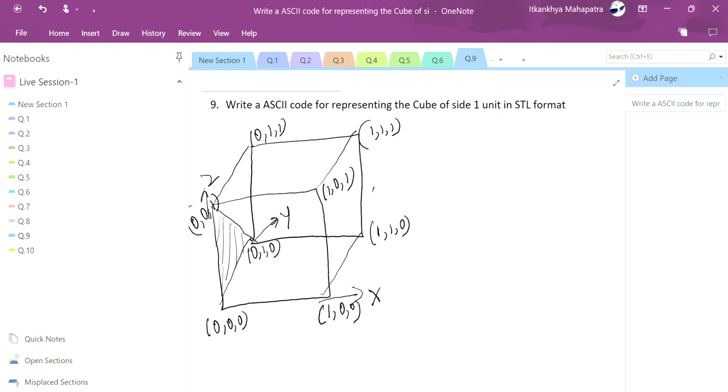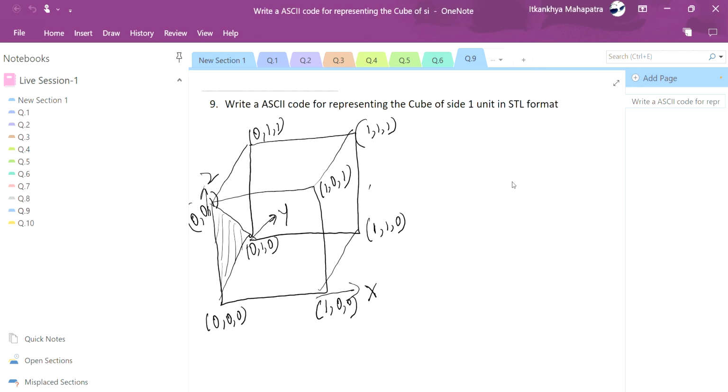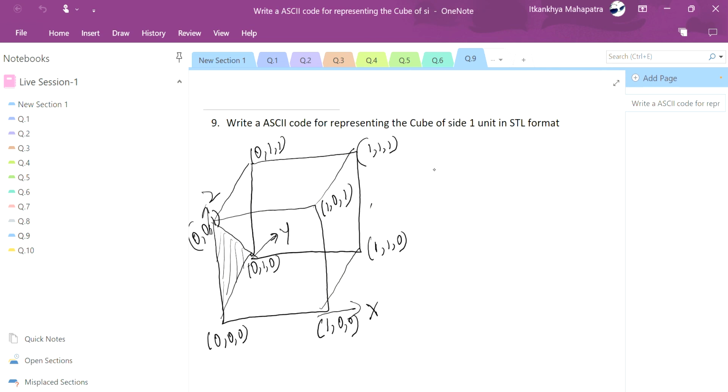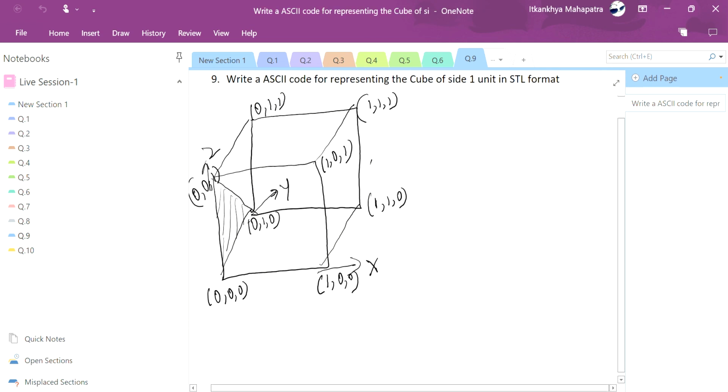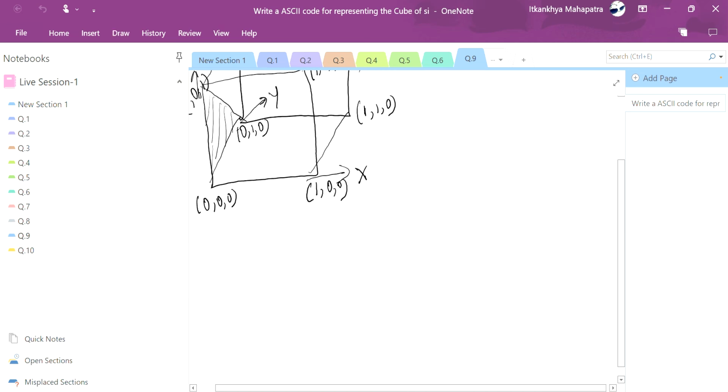So here we'll write the facet normal first. So why is it minus 1?